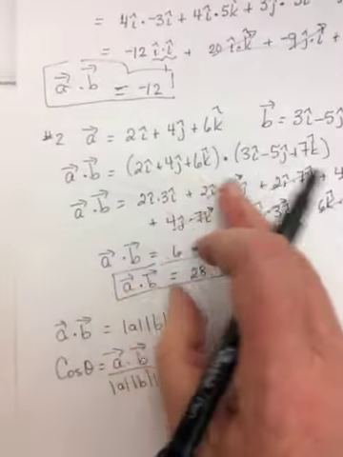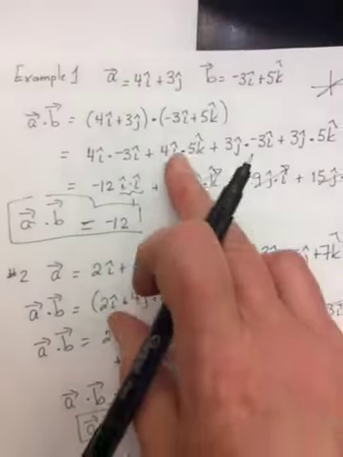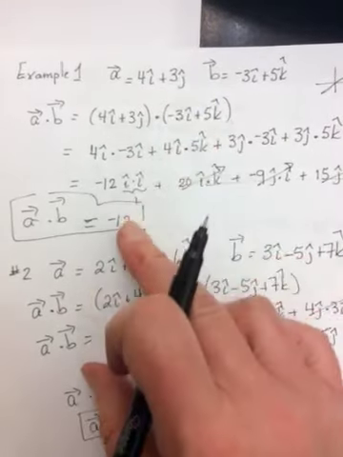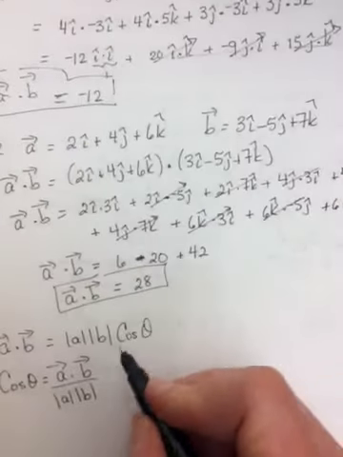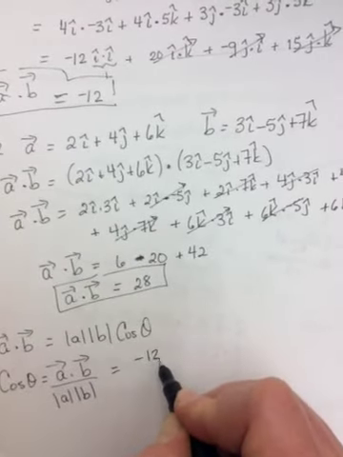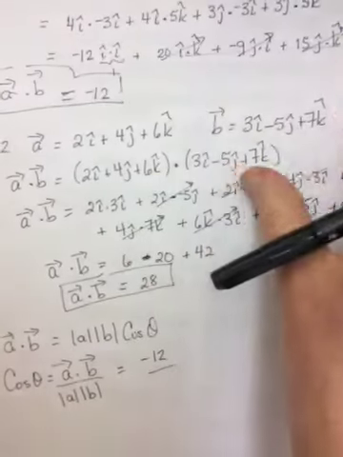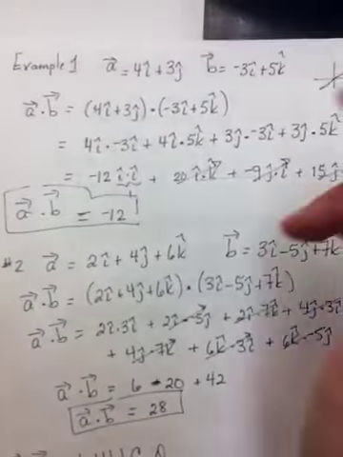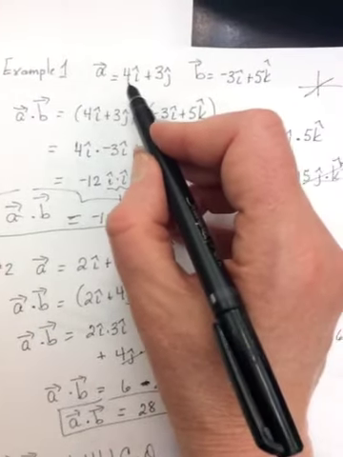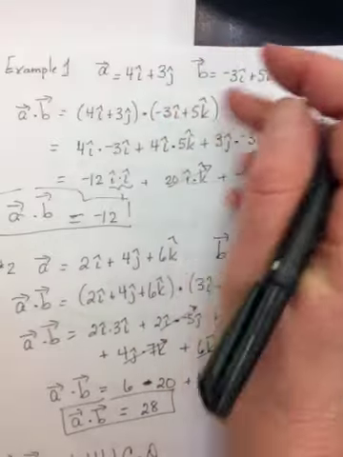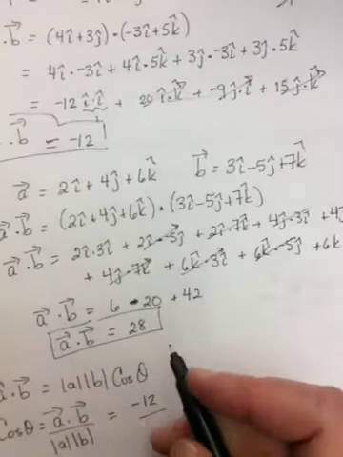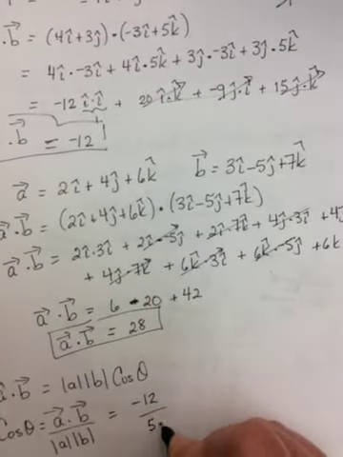So if we did this one, let's start with this one up here. If we did example A, well, we already have the a dot b, it's negative 12. And then absolute value of a, so that just means the length, which is the Pythagorean theorem, 4 squared plus 3 squared, take the square root, so that's 5.